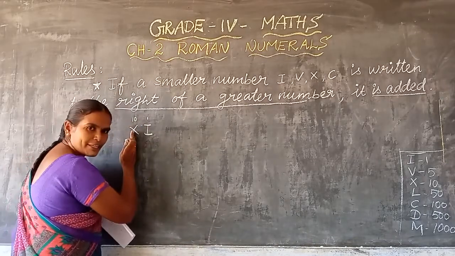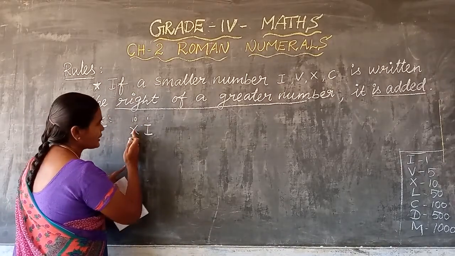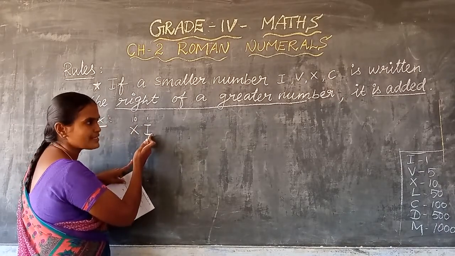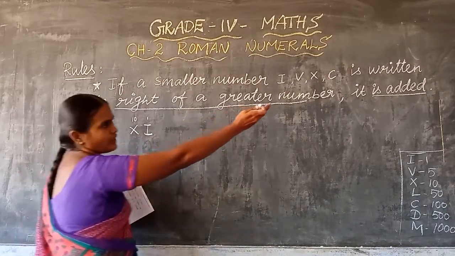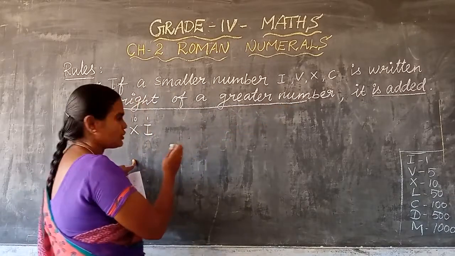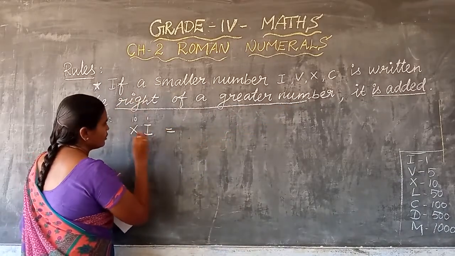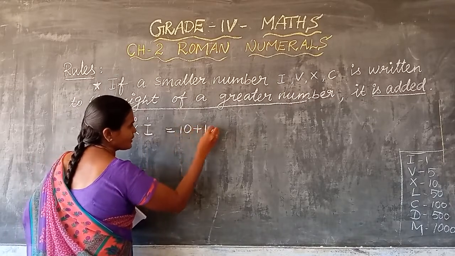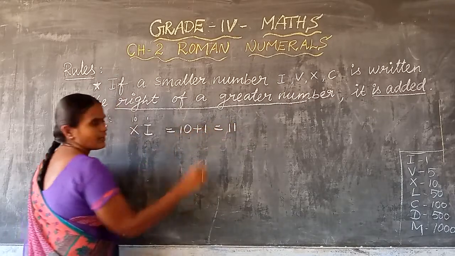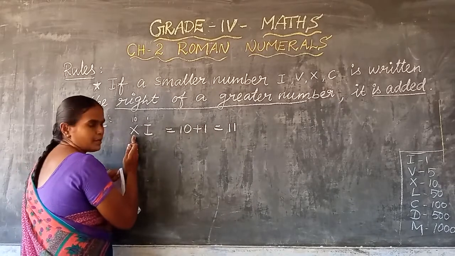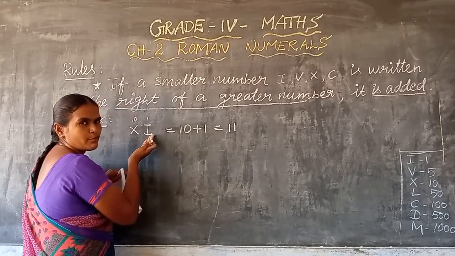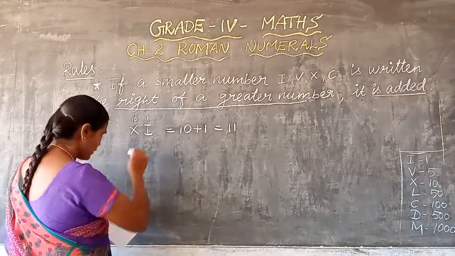So X is the greater number. The greater number, with a small number on the right side, means addition. So it is added. X value is 10, I value 1. 10 plus 1, 11. Another example.